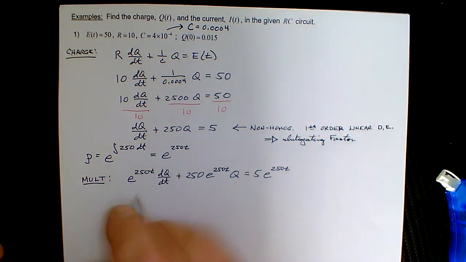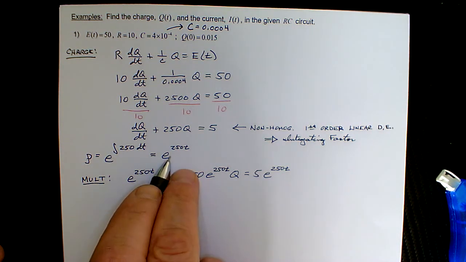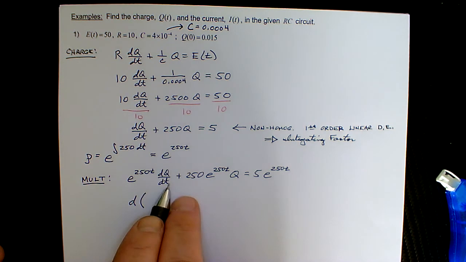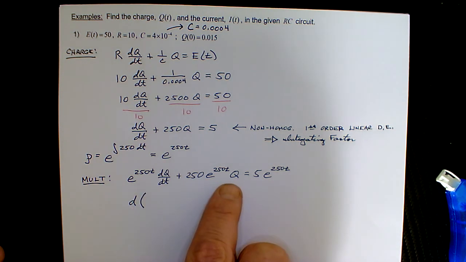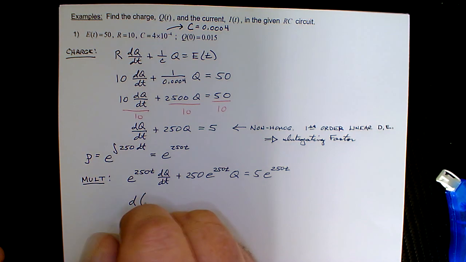So then the left-hand side is expressible as the derivative of a product, and that product in particular is the product of, in this case, the variable q and the integrating factor. But remember, one way to think of it is, if you look at the left-hand side after multiplying by the integrating factor, and you focus on the term containing the derivative, just take away its derivativeness.